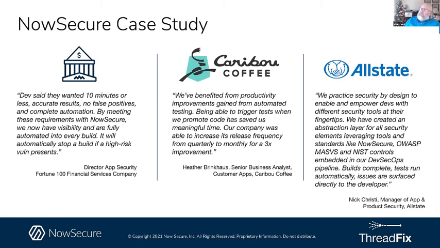Shop at home, drive by, curbside pickup, all that kind of stuff. And within a quarter's time, they were able to automate security and collapse their release cycle. So now they've moved to monthly release cycles instead of quarterly release cycles. So not only did they increase their security, they dramatically increased their velocity.